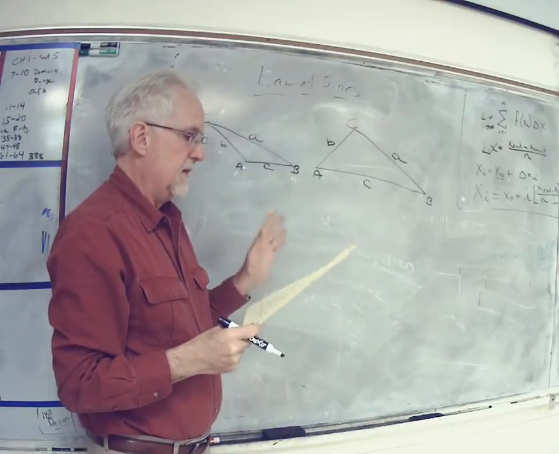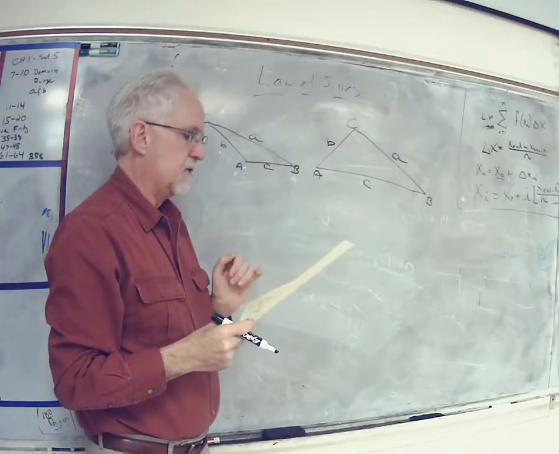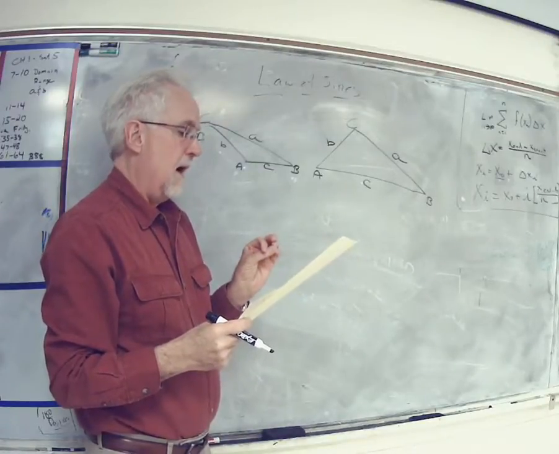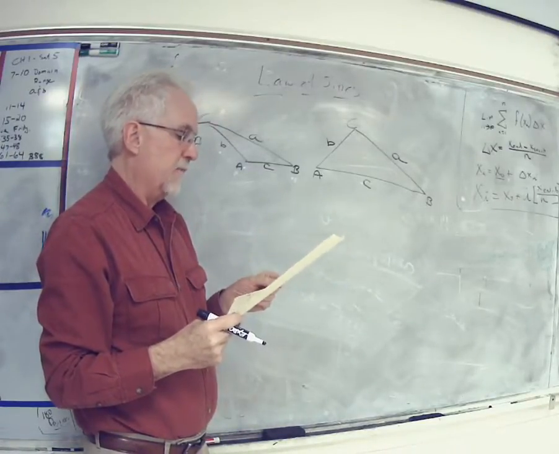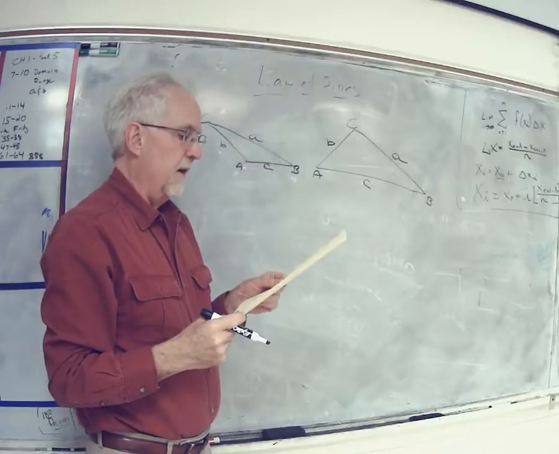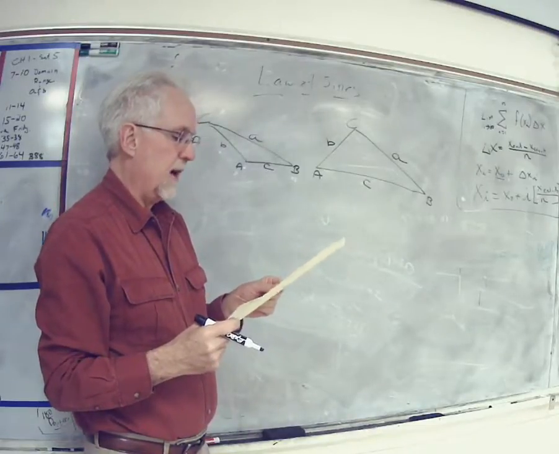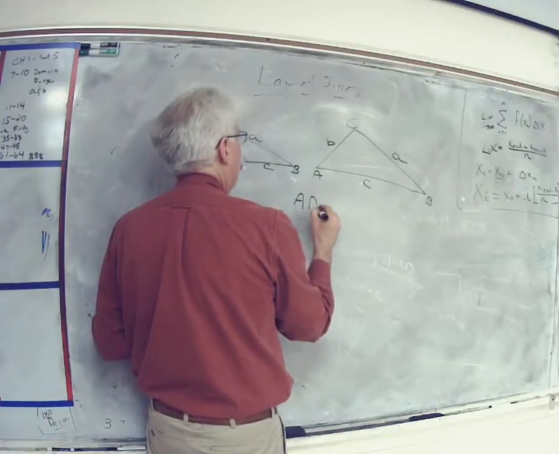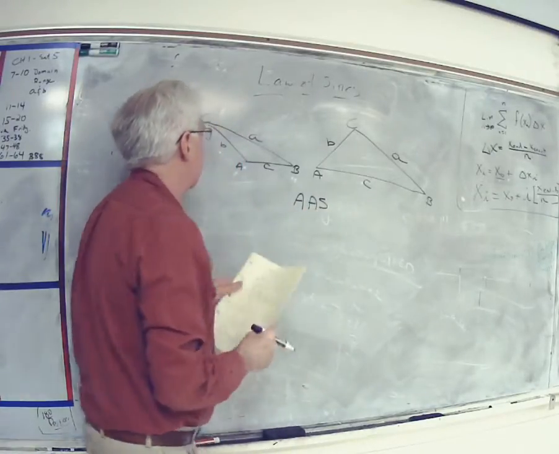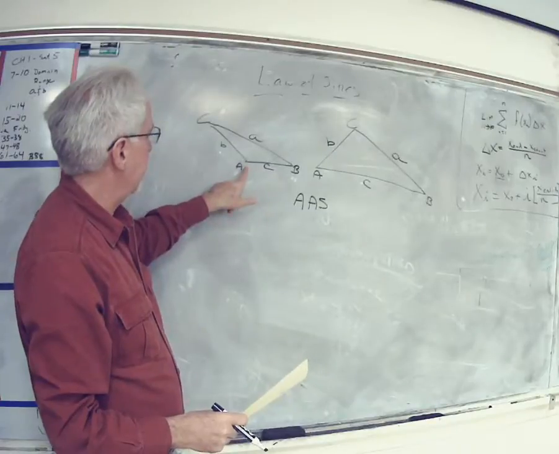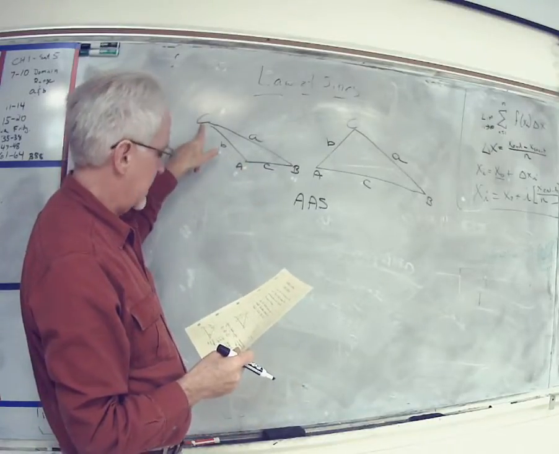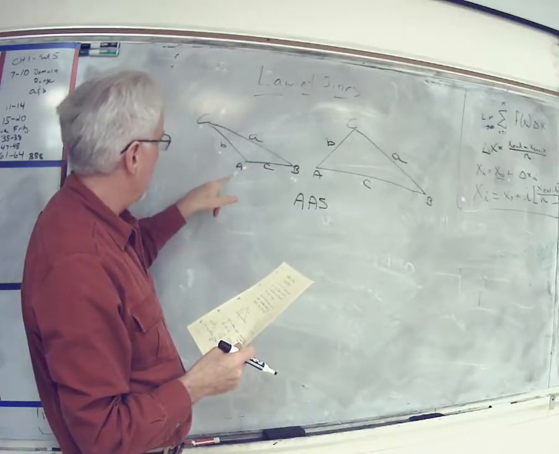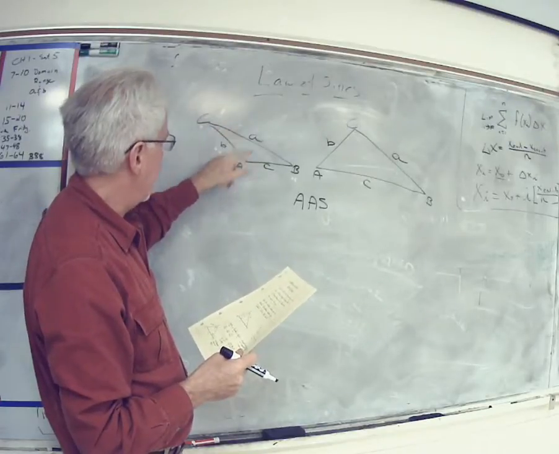This is generally how you solve these triangles when you don't have a right triangle. The thing to understand is the law of sines allows you to solve triangles where you have an angle and a side. So I have this angle, and I have a side, or I have a side and an angle.